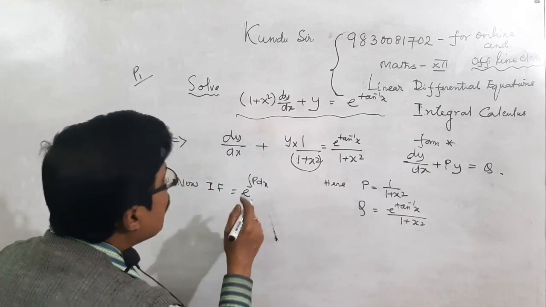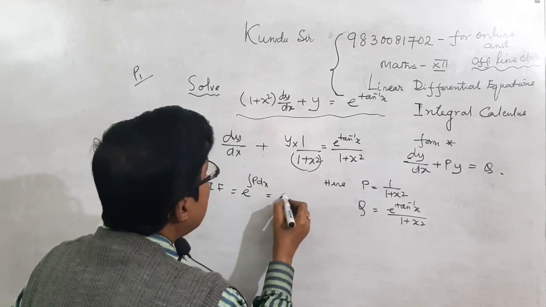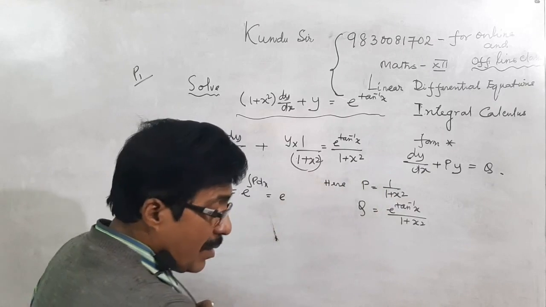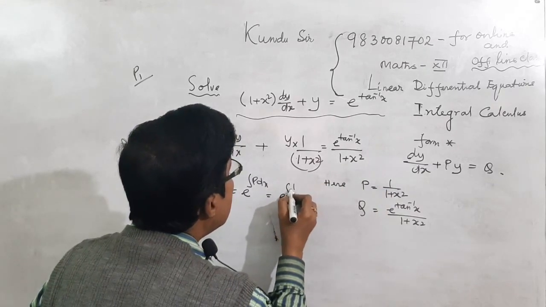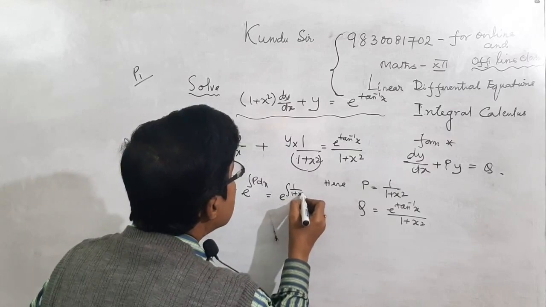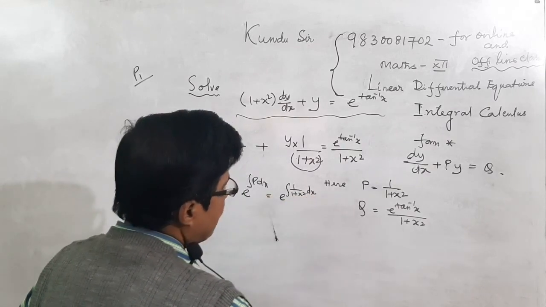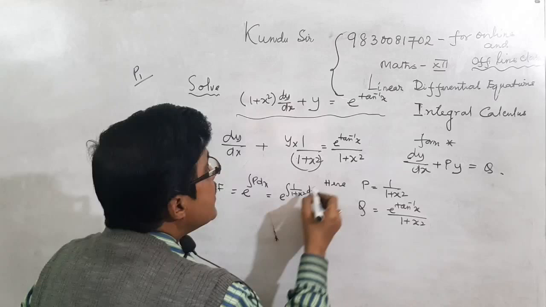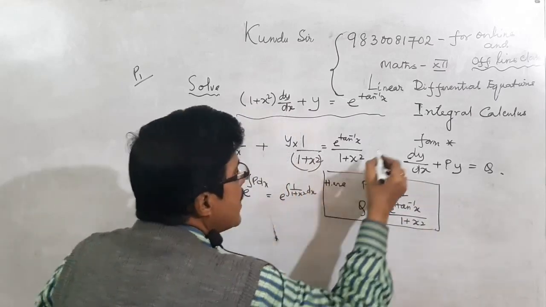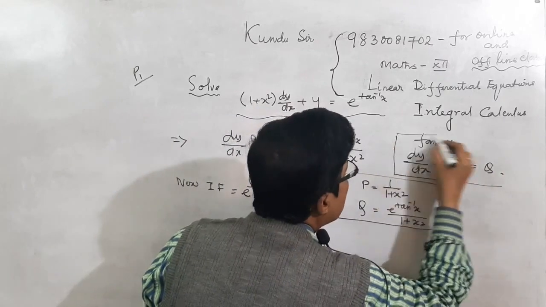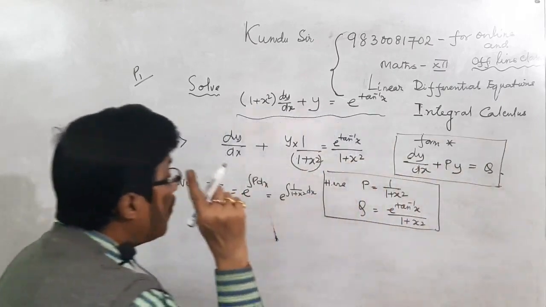What is p here? p here is 1 by 1 plus x square, so we integrate 1 by 1 plus x square into dx. Here p and q are from the standard form of the equation.